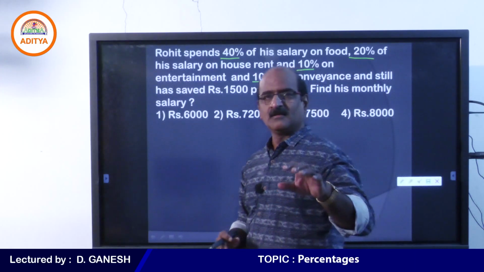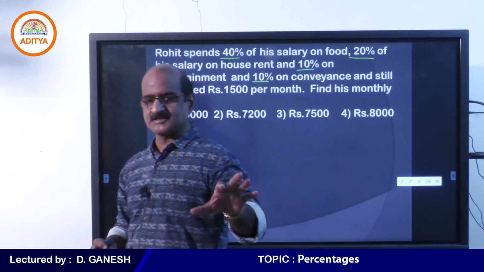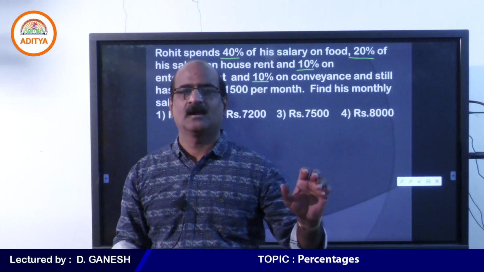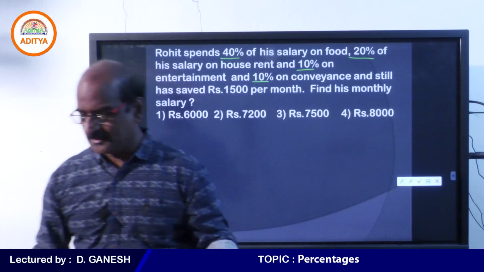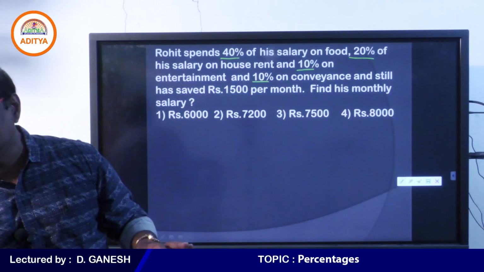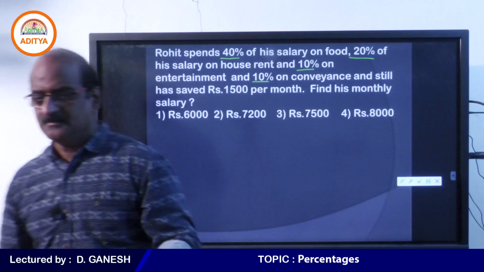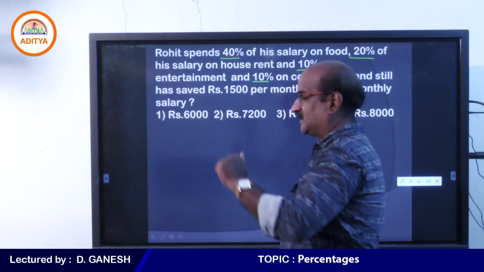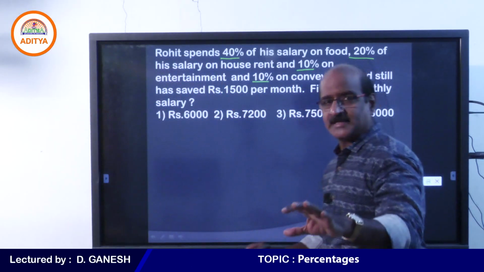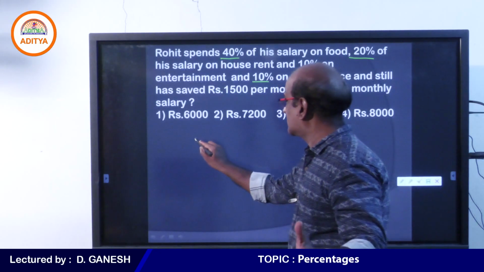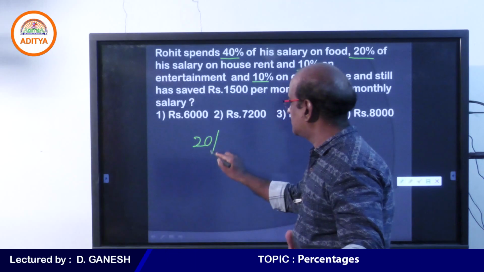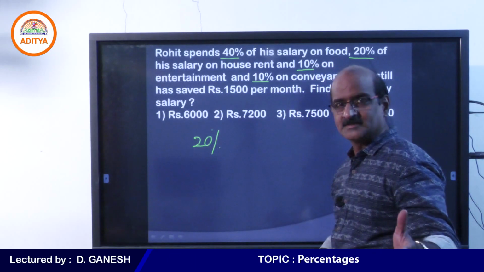Tell me, student: 40, 20, 10 and 10. Then it is easily understood that he is anyways spending 80%. Now we can take it for granted that he must be saving 20% of his salary, isn't it?